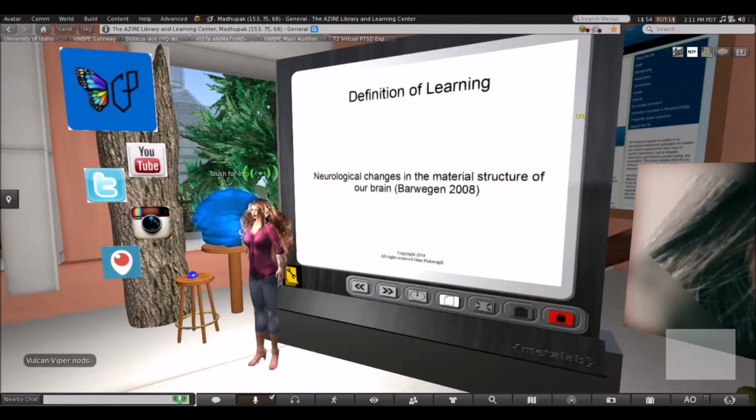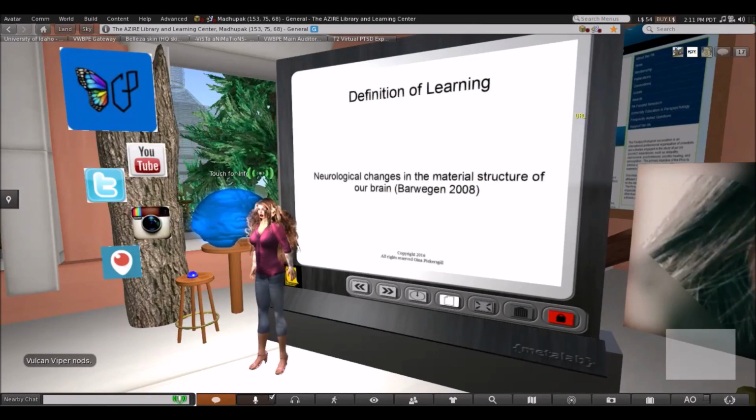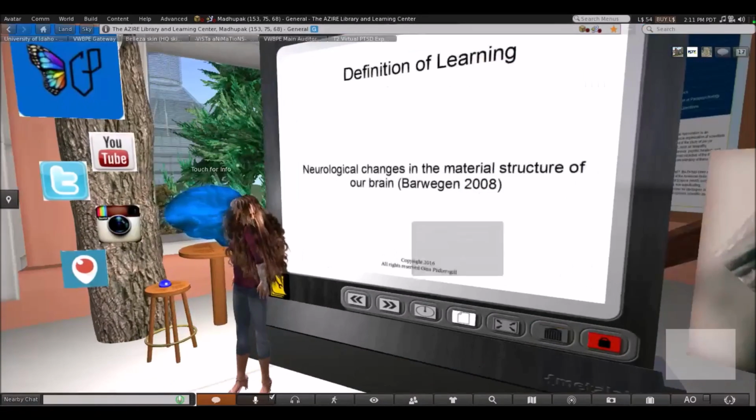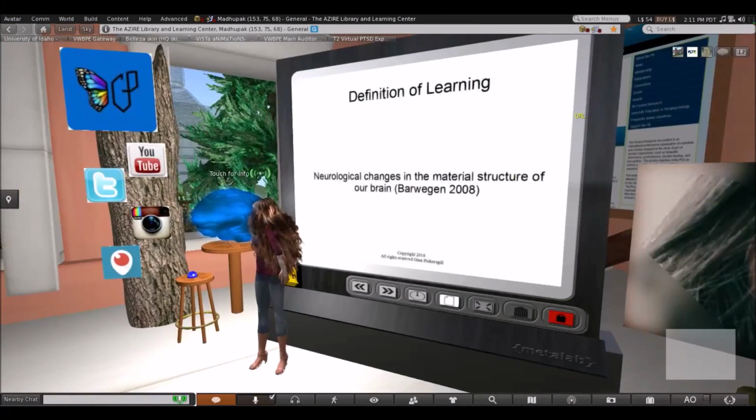Well, my definition of learning is a neurological change that affects the material structure of the brain. As a neurolinguistic programmer, we use the altered states and language to actually create change on a neurological level, and it has been shown that language actually does change the brain, especially in hypnosis.